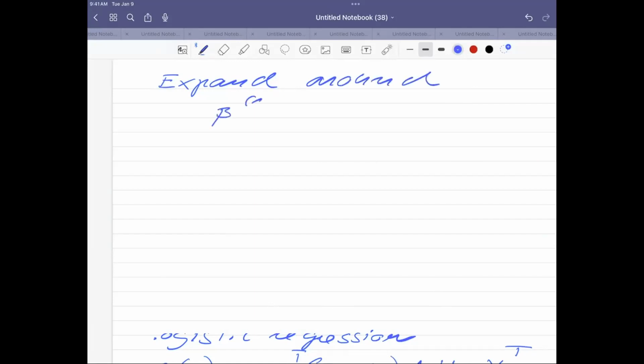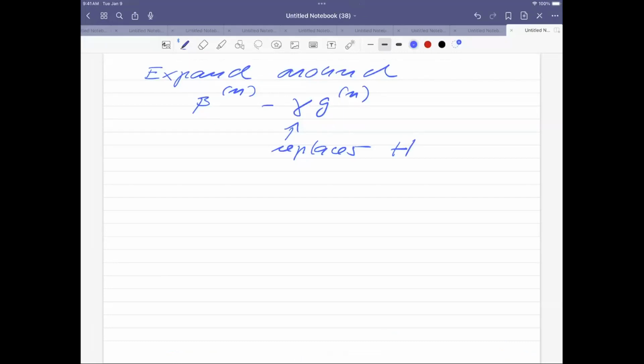So we do this beta of n. Let me just bring this up here. Beta of n minus a parameter gamma, which is now going to replace this Hessian matrix. So g of n, just to remind you, g of n is a function of beta of n.